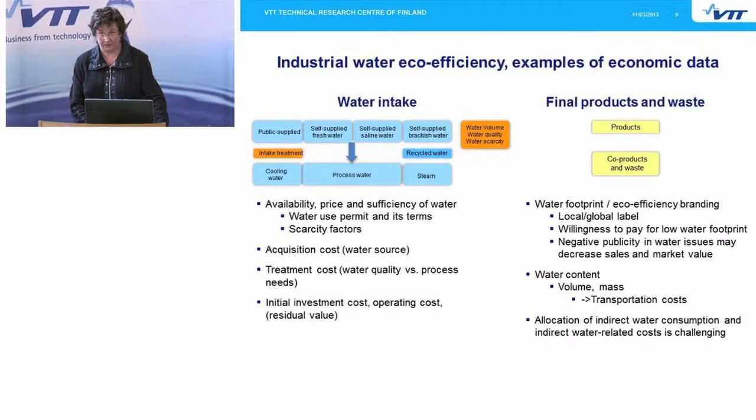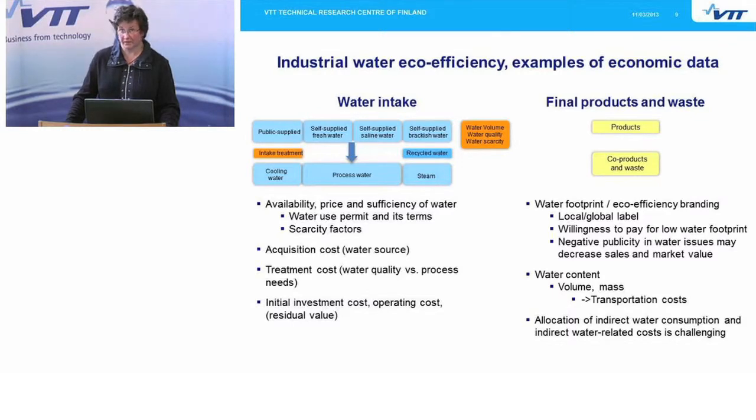And how do you put the economic part into this? Here are only some examples of what kind of economical data is needed. So for instance, for water intake, there is availability, price and sufficiency of water, acquisition costs, treatment costs, and perhaps investment costs.